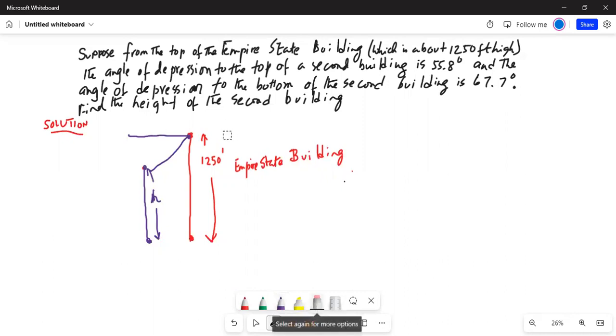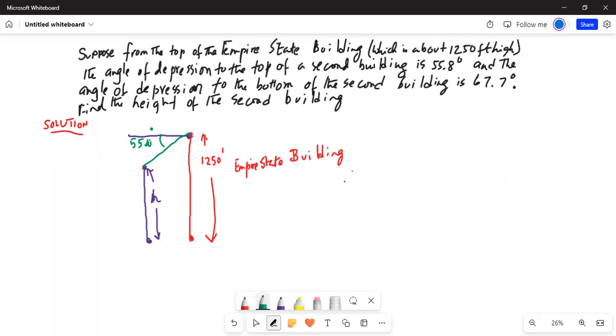Let me erase this and make it green. Then I'm going to connect this point with this point. This angle is called the angle of depression, 55.8 degrees.